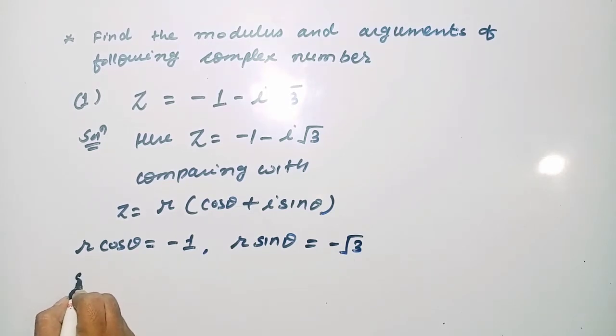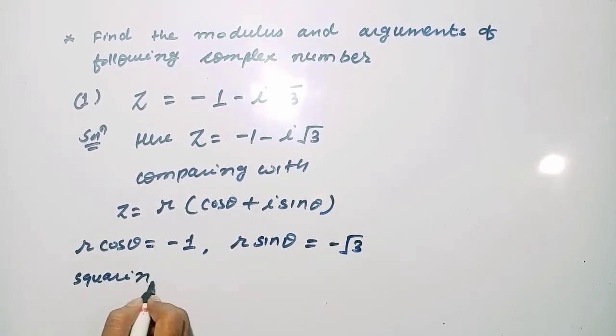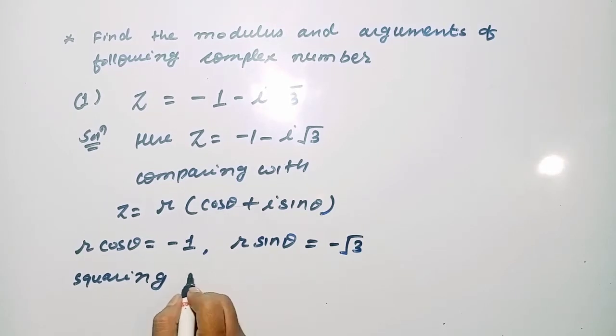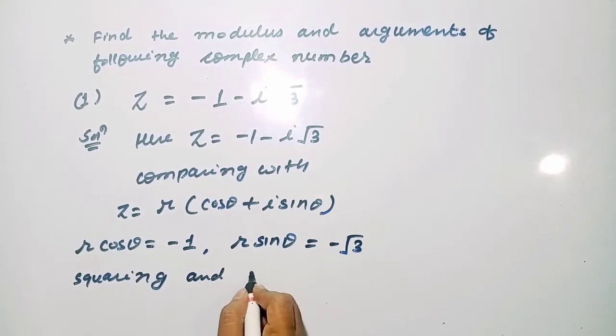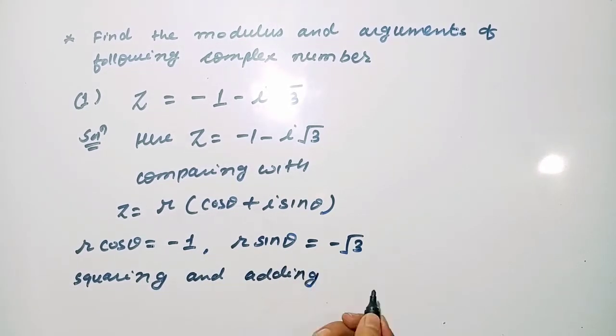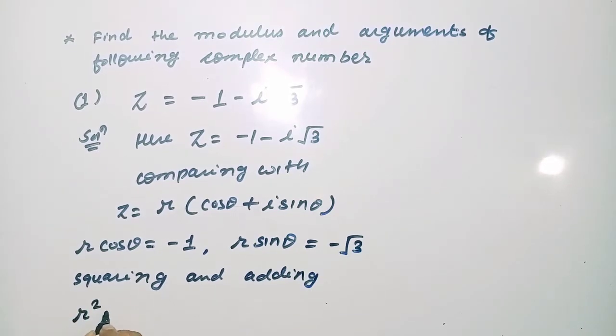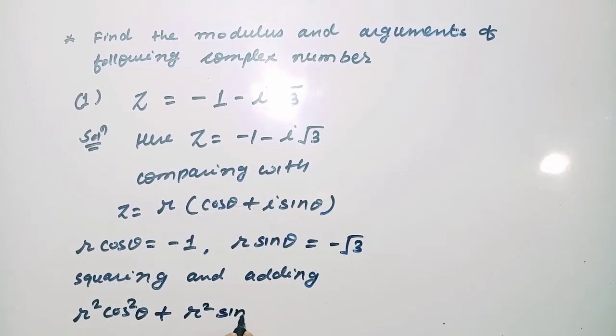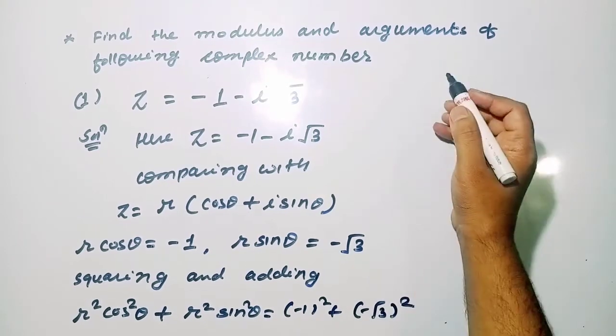Now squaring and adding these two terms, we get r square cos square theta plus r square sin square theta is equal to minus 1 whole square plus minus root 3 whole square.